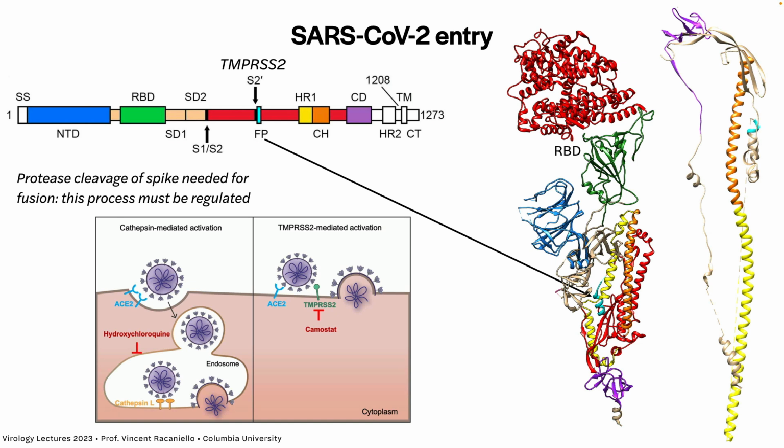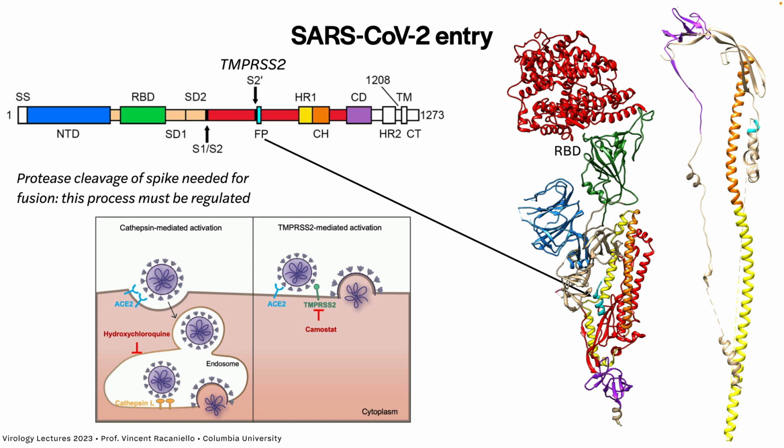And when SARS-CoV-2 binds ACE2 on the surface of respiratory cells, TMPRSS2 cleaves the spike at the S2' position. Upon cleavage, the protein reorients and catalyzes fusion. So fusion occurs at the plasma membrane. It doesn't need endocytosis, all right?